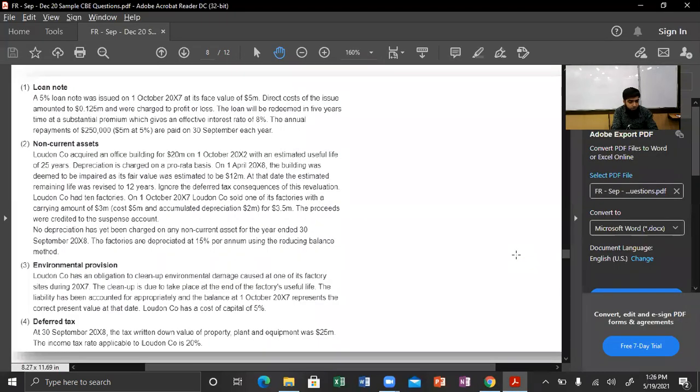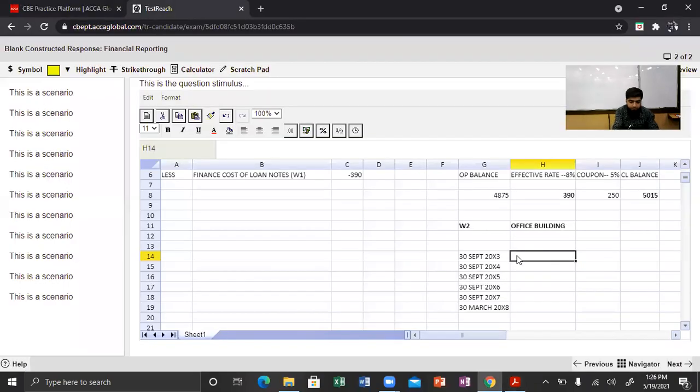And what is the depreciation formula? That is the straight line method. 20 million, it means 20,000 divided by 25. The depreciation for 1 year is 800 and that will be the same for all accounting periods. But for the last period, let's count October, November, December, January, February and March, that is 6 months.